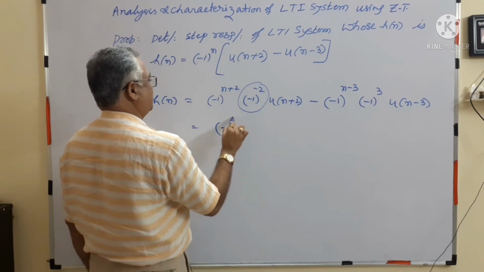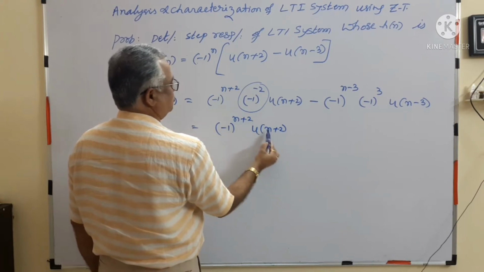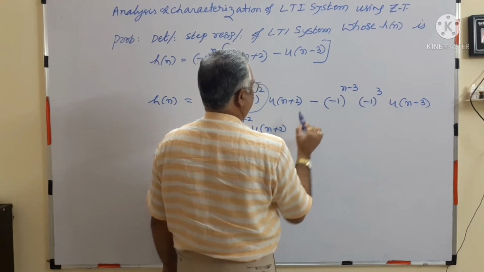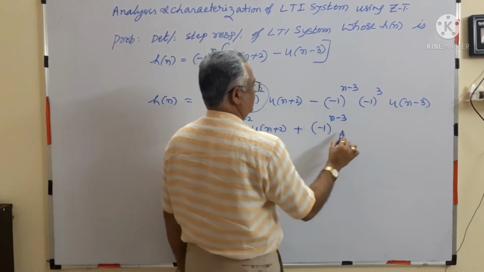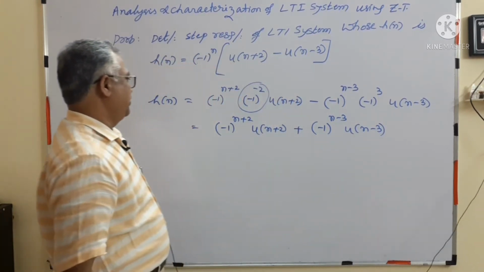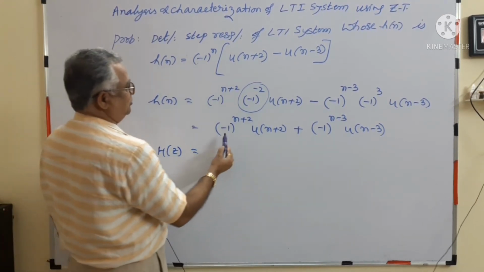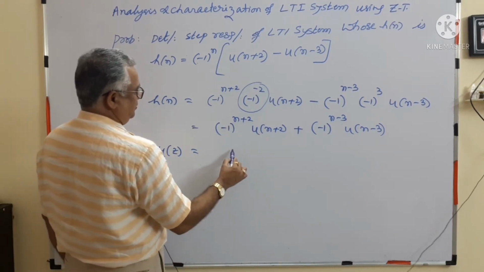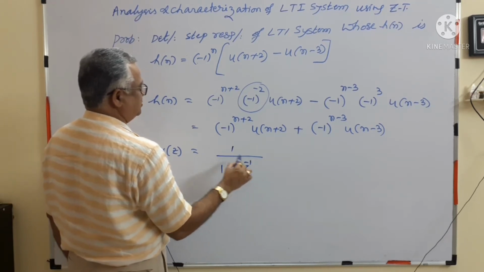So (minus 1) to the power of n plus 2, u(n plus 2). Then (minus 1) to the power of 3 is minus, so plus: (minus 1) to the power of n minus 3, u(n minus 3). Now we can find H(z) easily. Here, first a to the power of n u(n) gives 1 by 1 plus z inverse.